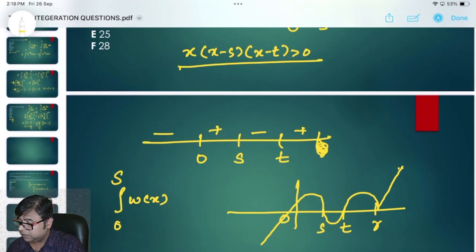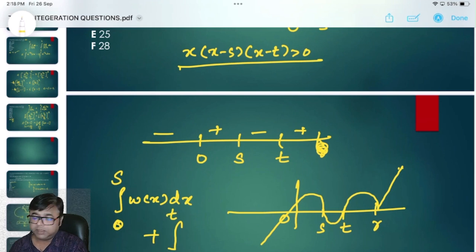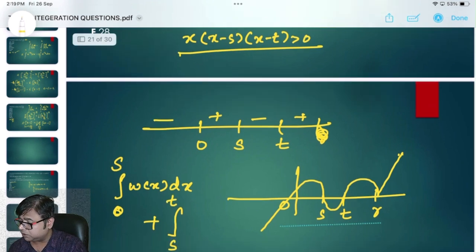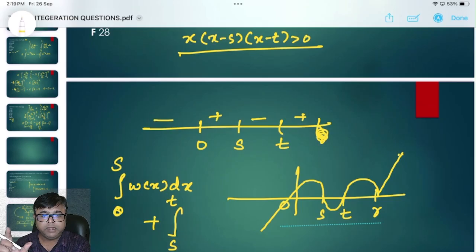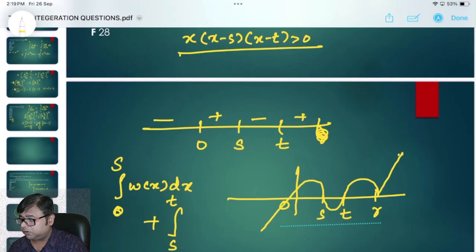So 0 to s wx dx, and then from s to t, this is the property I told you. If there is a point in a continuous curve between the upper limit and the lower limit, I can separate. I can take two different integrals. So s to t we have wx dx.